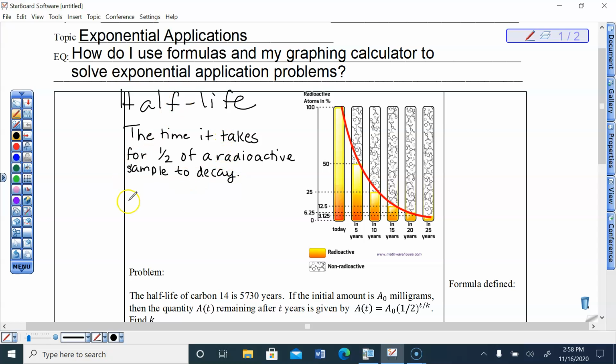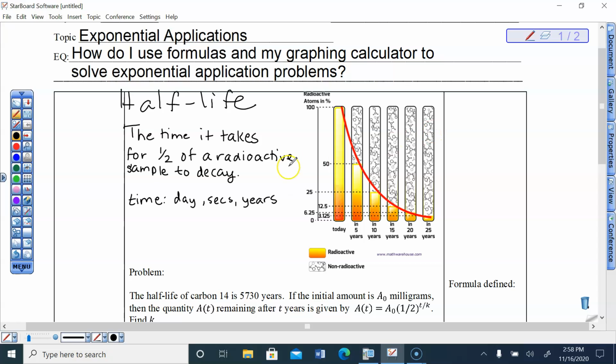Okay, things you should pay attention to are the time, the time of decay. Is it in days, seconds, years? So pay attention to that. Minutes, because different elements or radioactive isotopes have different half-life units.